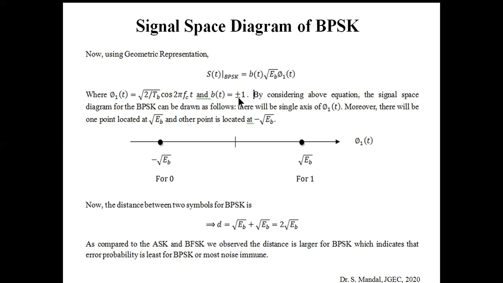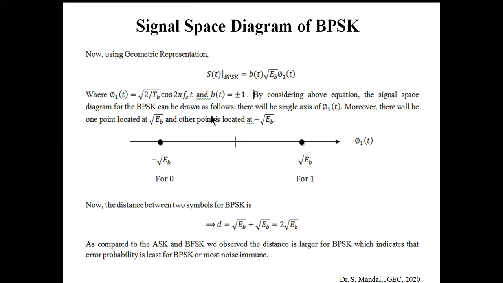So whenever we want to draw the signal space diagram, basically what we want to do is find out the corresponding energy level with respect to some kind of real valued function.